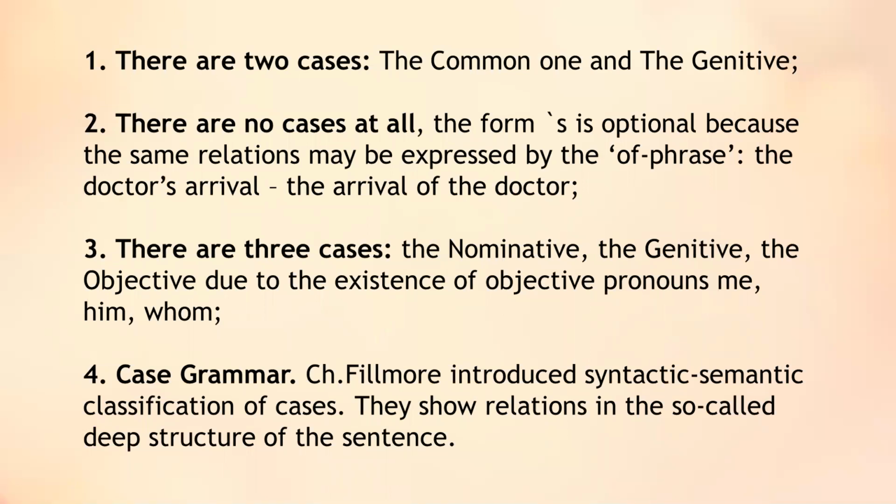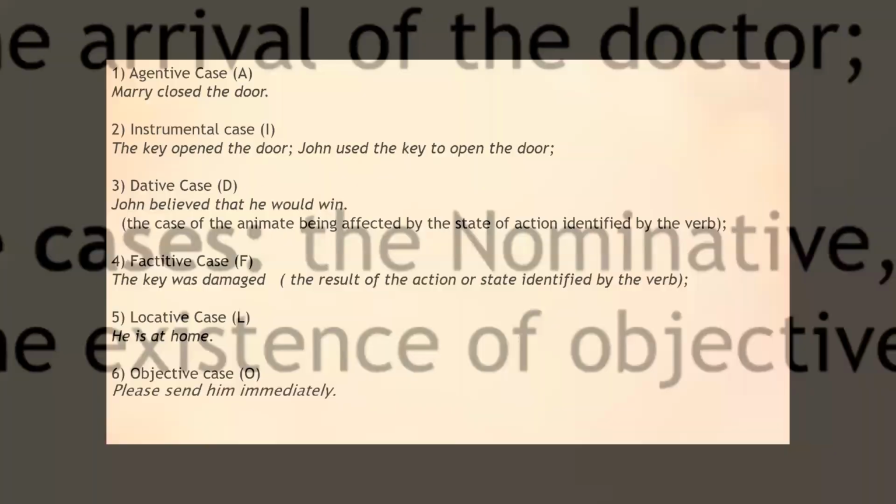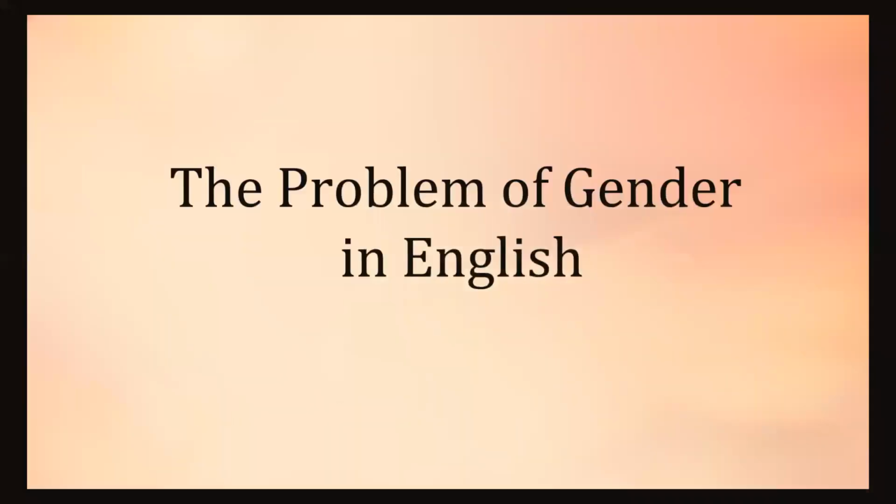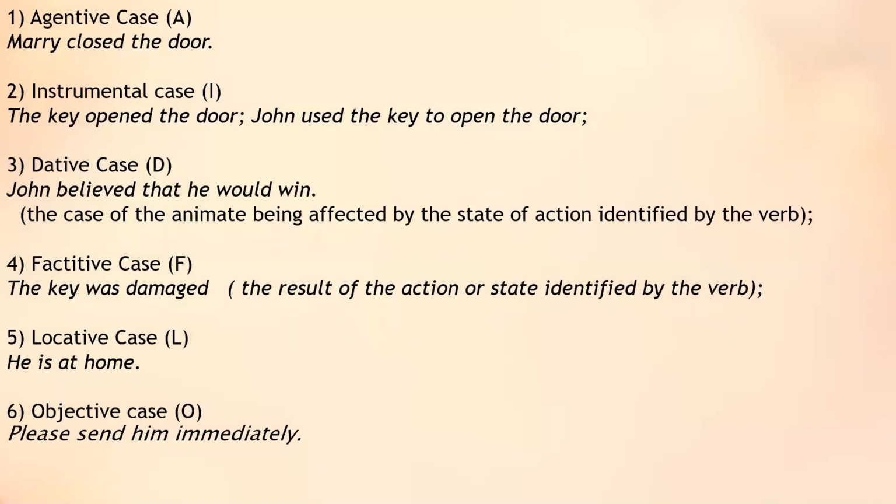The grammarian Charles Fillmore introduced a syntactic-semantic classification of cases. They show relations in the so-called deep structure of the sentence: agentive case, instrumental case, dative case, factitive, locative, objective case. Here all the examples are brought for all those cases.